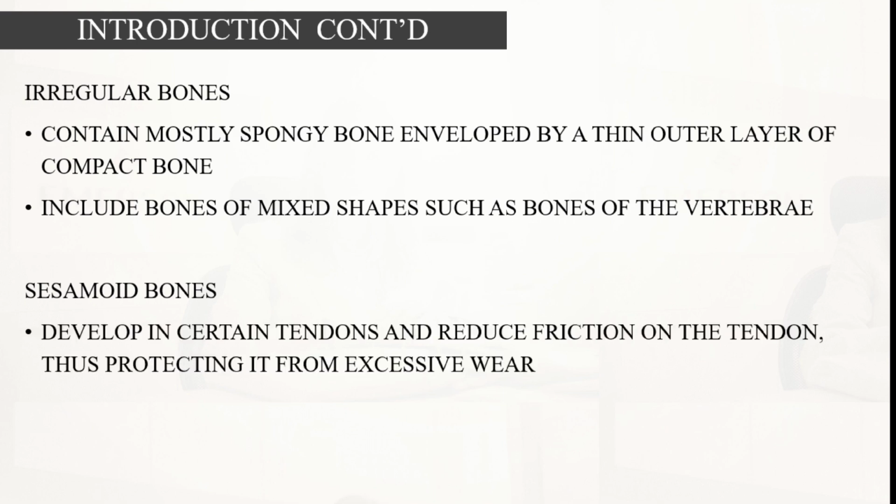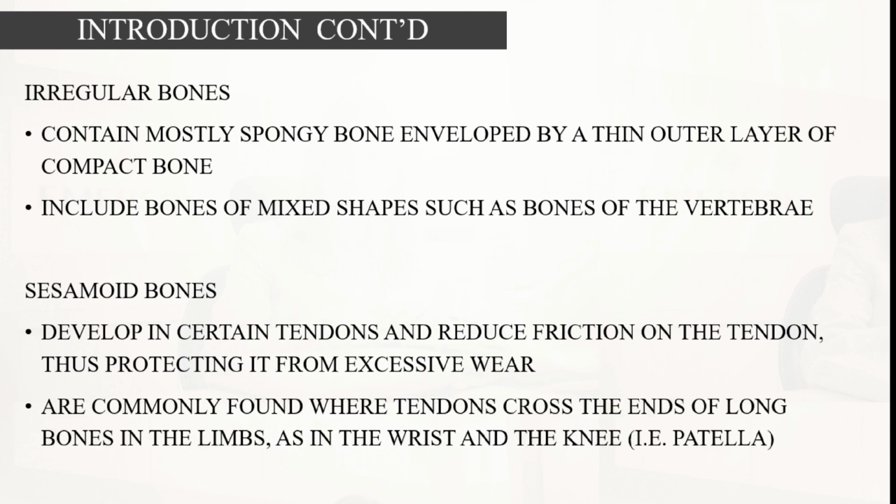Then the sesamoid bones develop in certain tendons and reduce friction on the tendon, thus protecting it from excessive wear. They are commonly found where tendons cross the ends of the long bones in the limbs, as in the wrist and the knee. An example would be the patella.